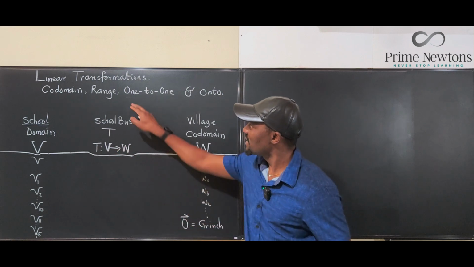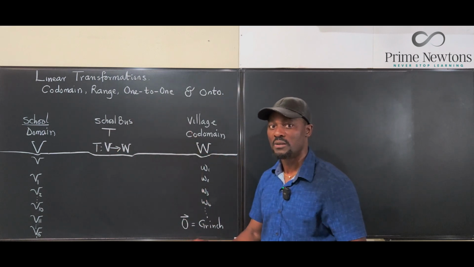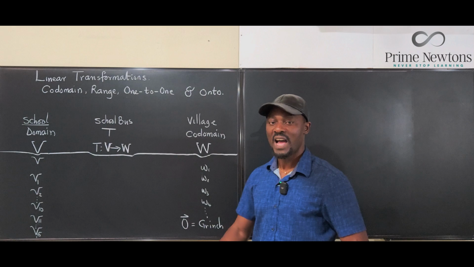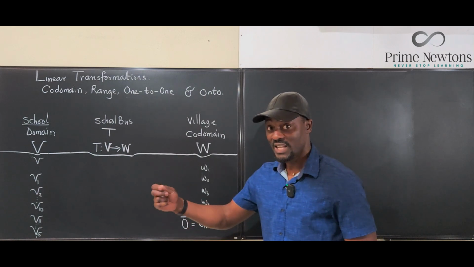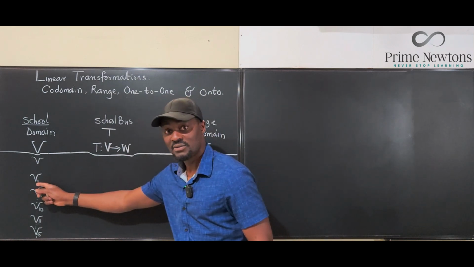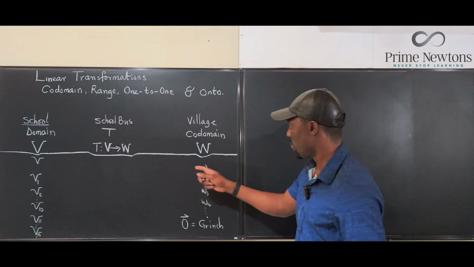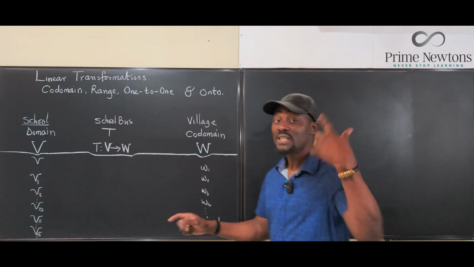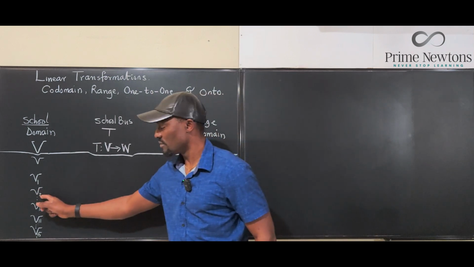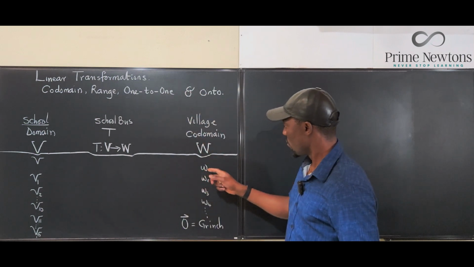But when is a linear transformation 1 to 1? All it says is that if there is a linear transformation of a vector and it maps to W1, and there is another vector, vector 2, and it maps to W1.